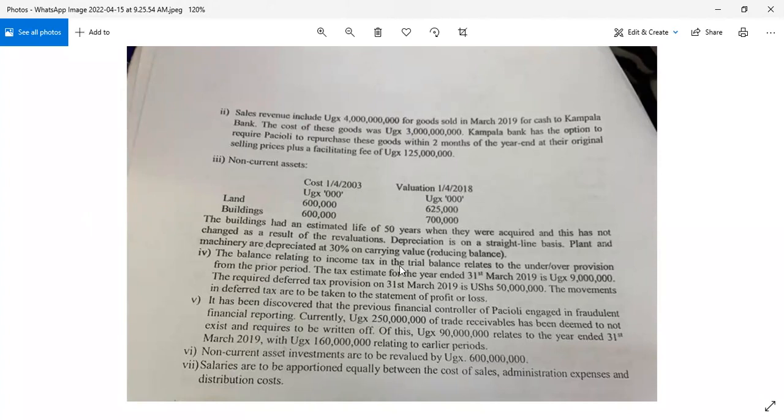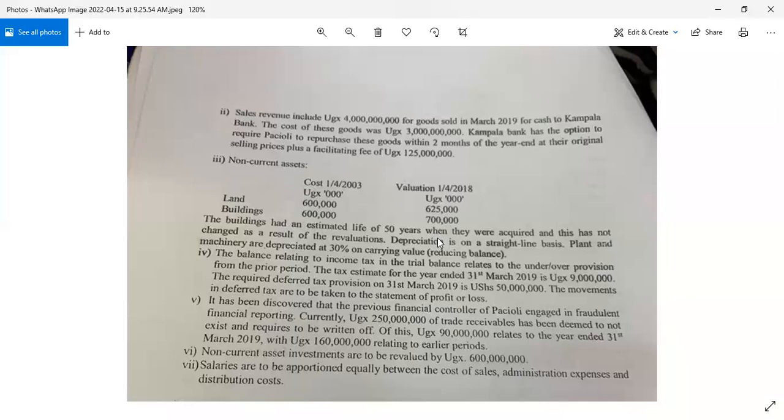So what we do is count the years so far that the asset has consumed from 1st April 2003 till 1st April 2018. How many years have been consumed along the way? And what is left is the remaining useful life.